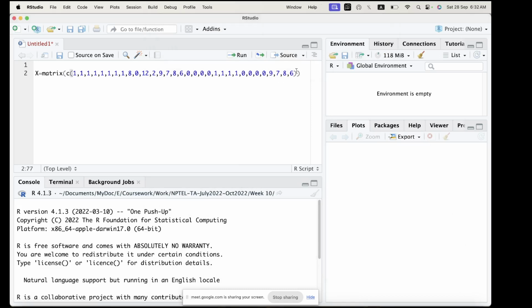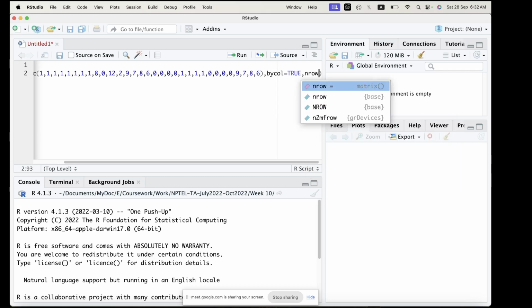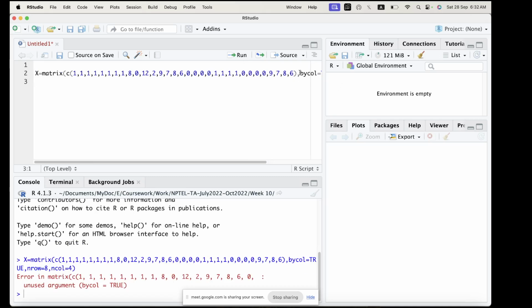Okay, so now I'm going to write byrow equal to true, nrow equal to 8 and ncol equal to 4. Alright, so let me just run this.